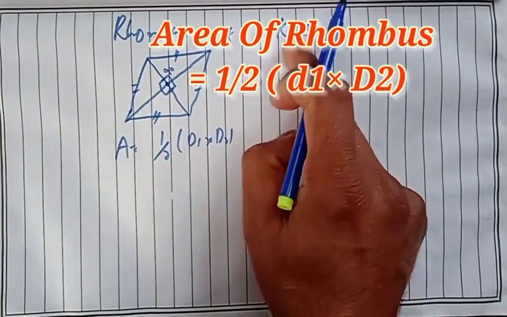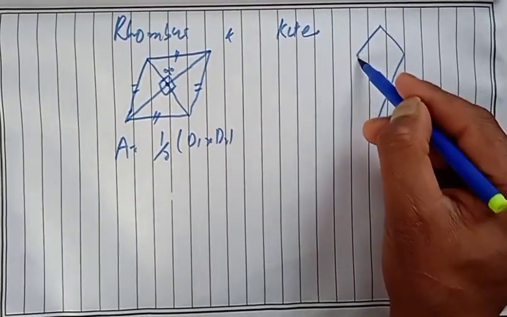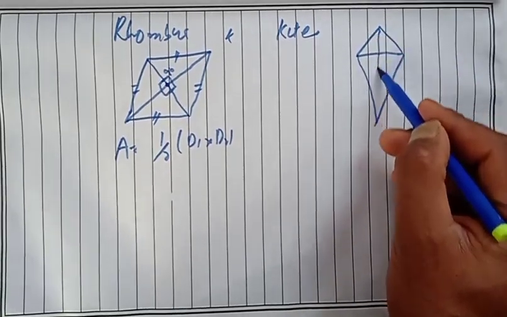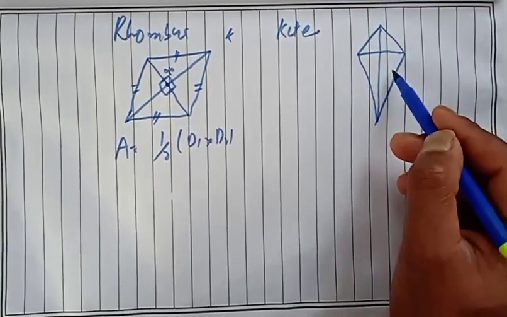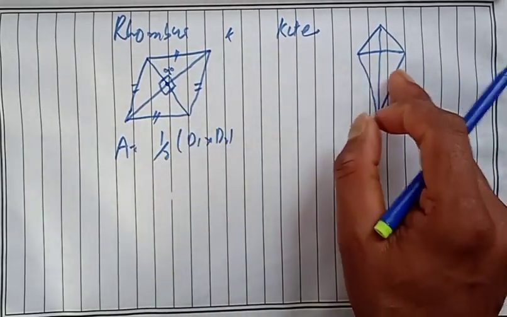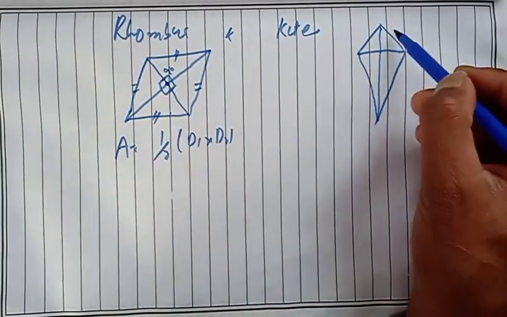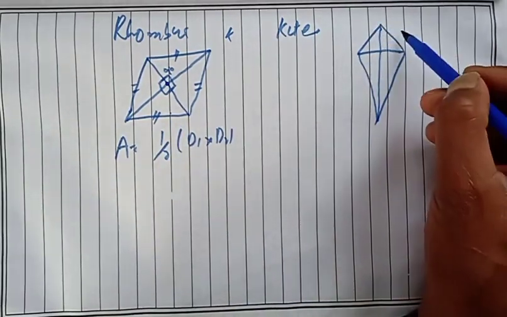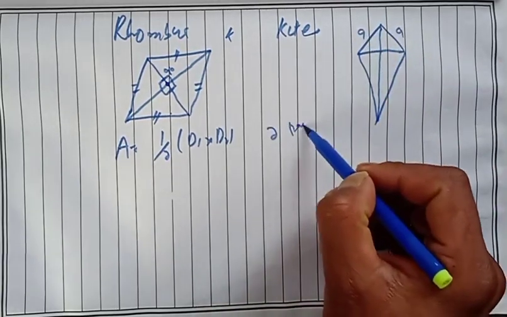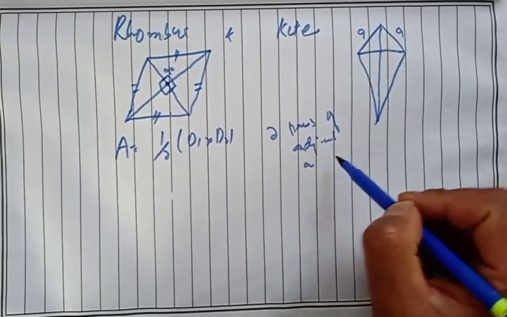If we talk about this other type of quadrilateral, that's the kite. The kite is like this shape. It is a special case of the rhombus. We can say the kite has properties similar to the rhombus. A kite is that type of quadrilateral in which two pairs of adjacent sides are equal.